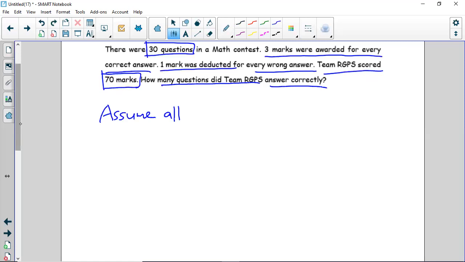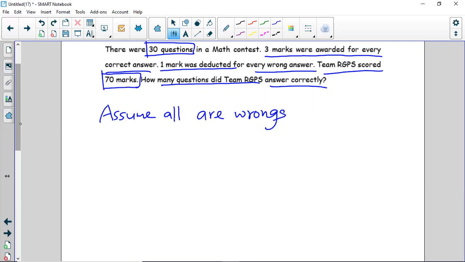Because I want to write a sentence which is like this: assume all wrong answers. Okay, all are wrong answers, right? Because when we do assumption, we always assume the opposite of what the question wants us to find. The question wants us to find how many questions answered correctly. So we assume the opposite, which is to assume all wrong answers, right?